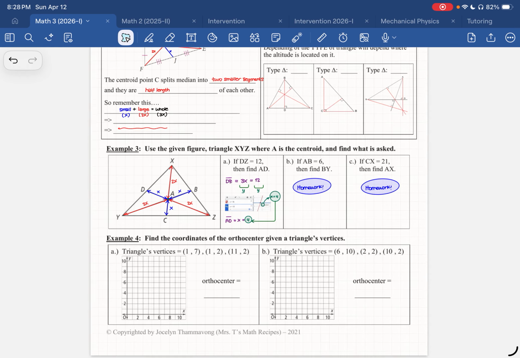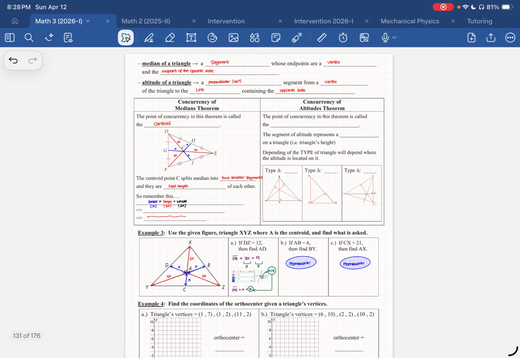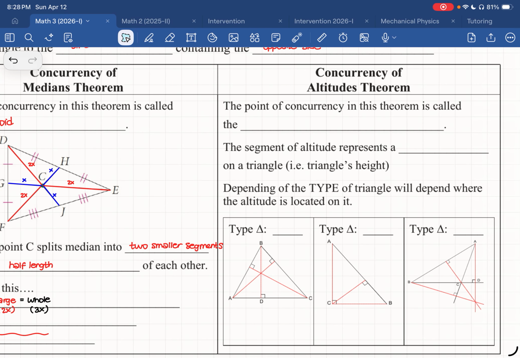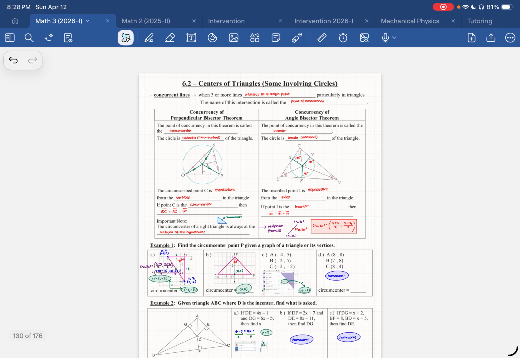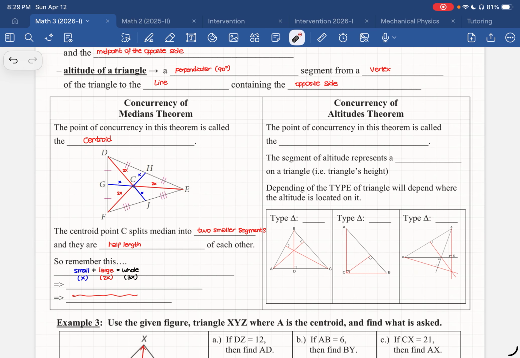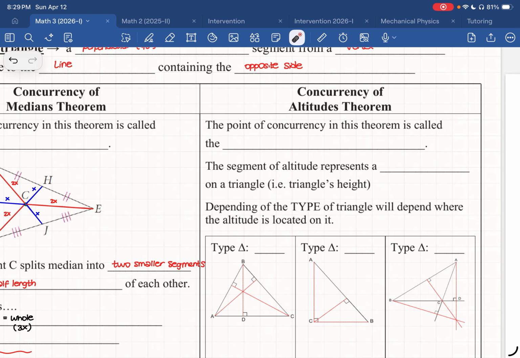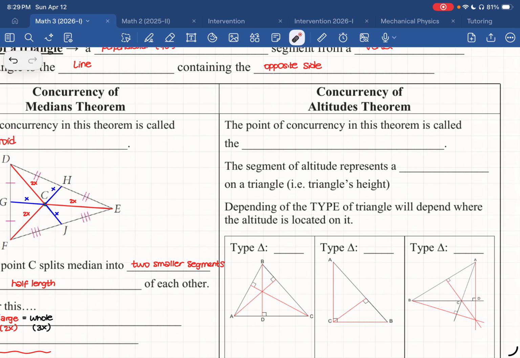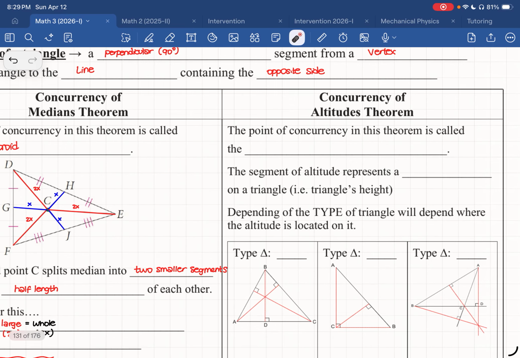And finally, let's talk about the fourth theorem, because I told you 4 theorems today. 1, 2, 3, and this is the fourth one, right? So, concurrency of altitudes. Now let's talk about what an altitude is.